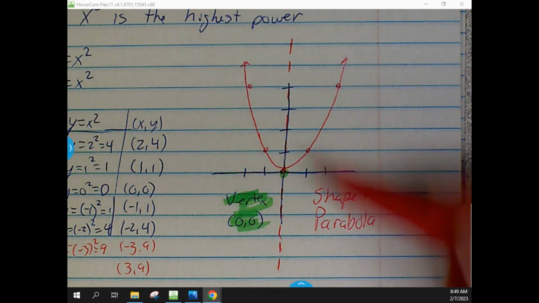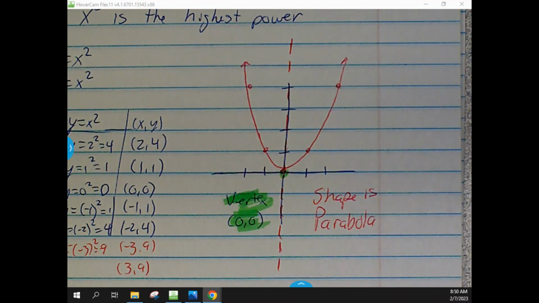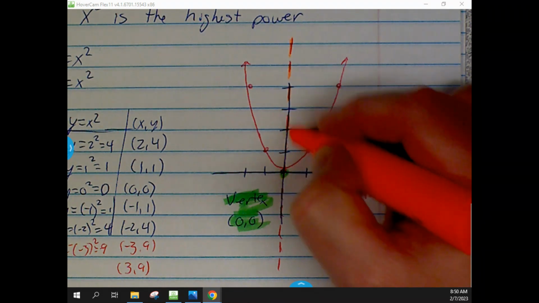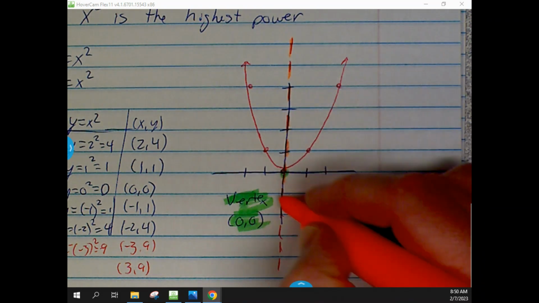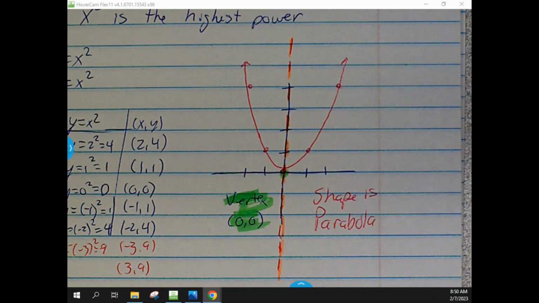Now, it's hard to see it when it's right on the y-axis, just because of how it is there. But basically we've got something like that.